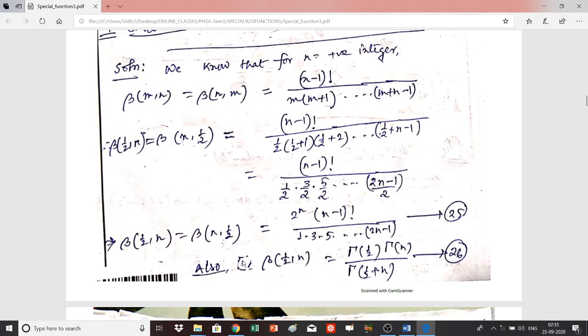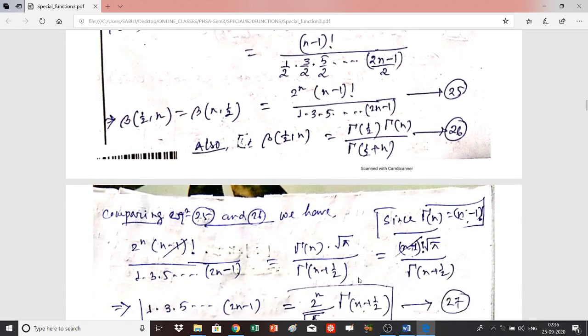You also know that this is equation 25, write it as equation 25, and you also know that beta m n is equal to gamma m gamma n by gamma m plus n. So here beta half n will be gamma half gamma n by gamma half plus n. This is equation number 26.